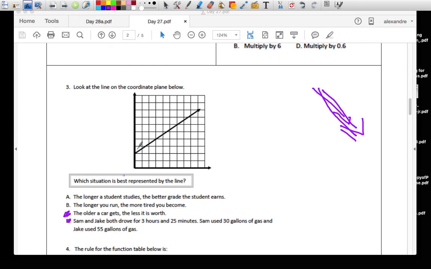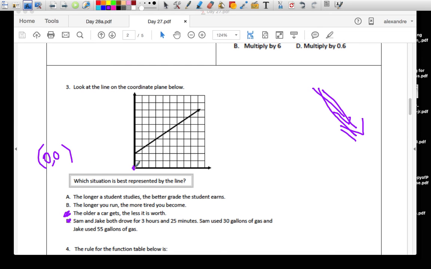The longer you run, the more tired you become. But it starts here. That's my problem. Why would it start here? Because if you run 0, you should be 0 tired.